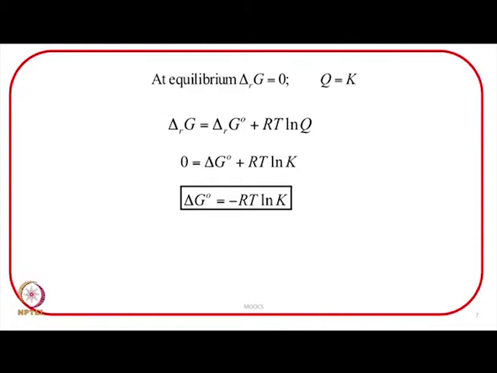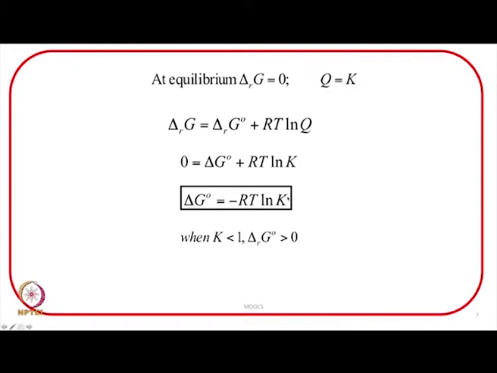So obviously, depending upon the value of K, delta G0 will be positive or it will be negative. When will it be positive or negative? Suppose K is less than 1.